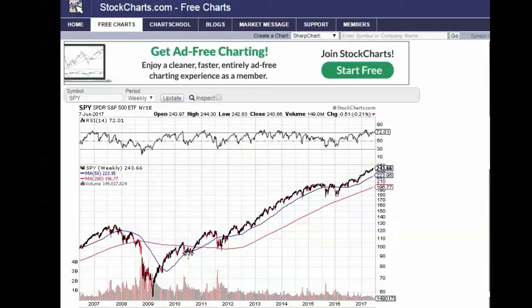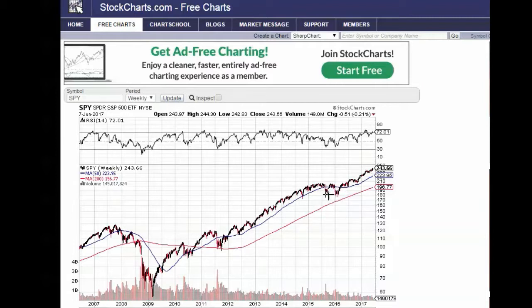I mean, it had these corrections in 2010, 11 that you can see in here that are very noticeable, and again right in here. And this one is the 2015, 2016 time frame, and then it's just headed up. But overall, this is an extended time frame for the stock market to be moving up.